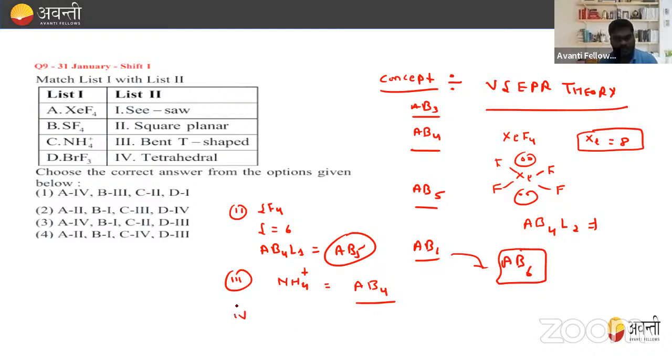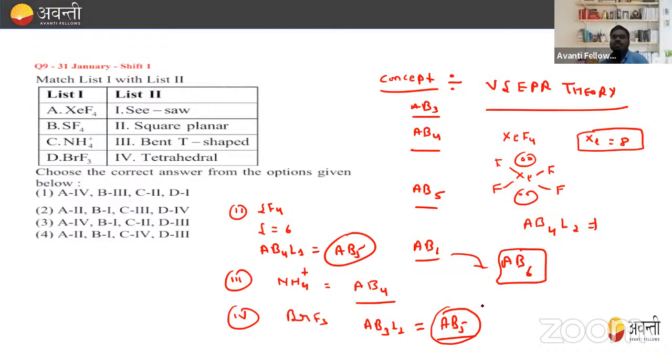Now, BrF3. We all know bromine has 7 electrons, 3 bond pairs, and 2 lone pairs. It means AB3L2. It is also AB5, right? So how many of these are from AB5? That is BrF3, that is AB5, and SF4 AB5, and XeF4 is AB6.